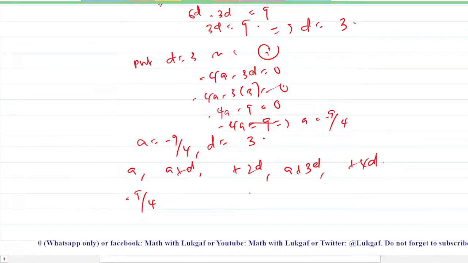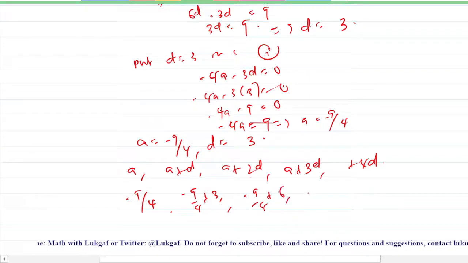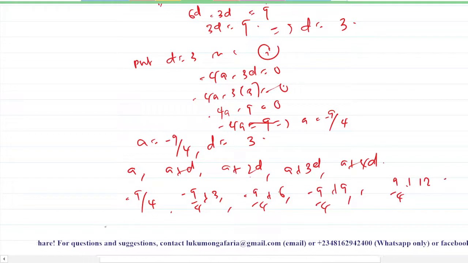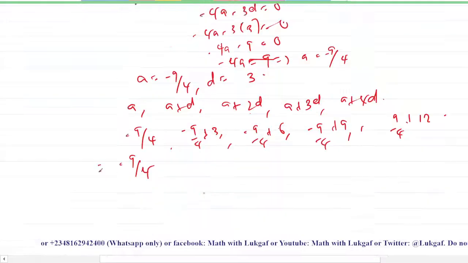The next term will be what? Minus 9 over 4 plus 2 times 3, that is 6. So then minus 9 over 4 plus 9, and minus 9 over 4 plus 12. So if you find the LCM of this and add this together, that's minus 9 plus 12.